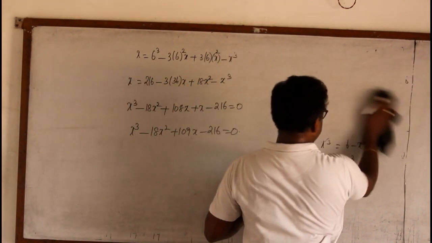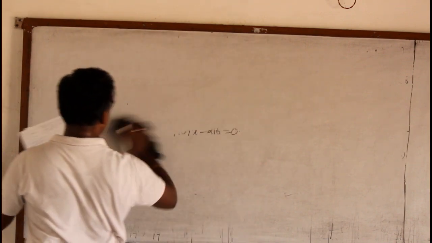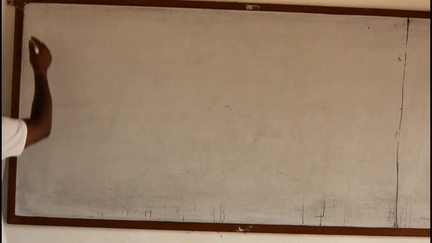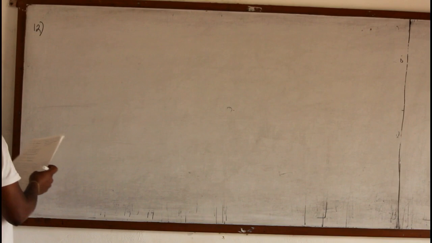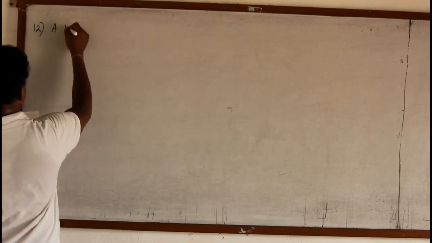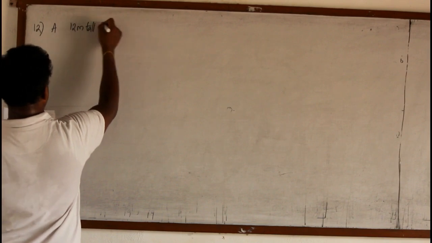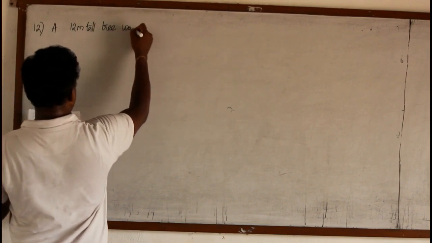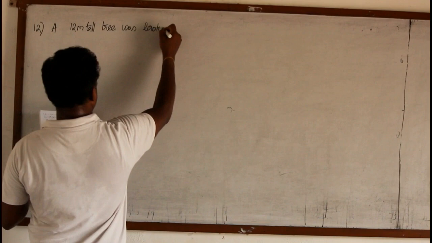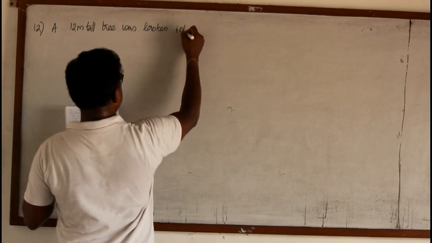So next we shall go for the 12th problem. A 12-meter tall tree was broken into two parts.